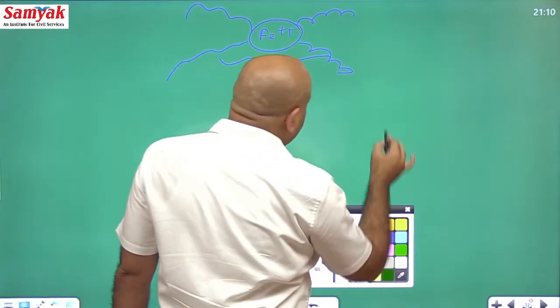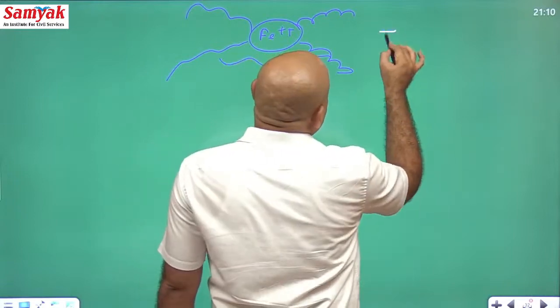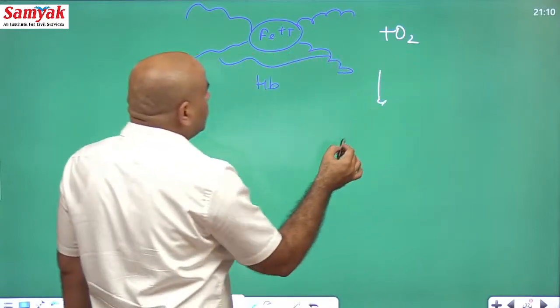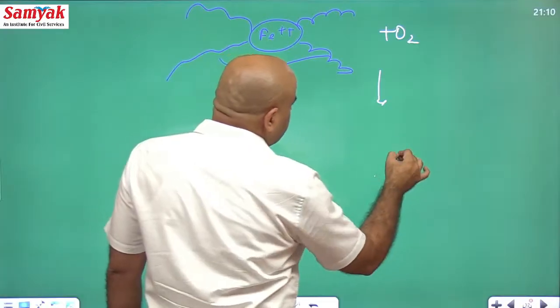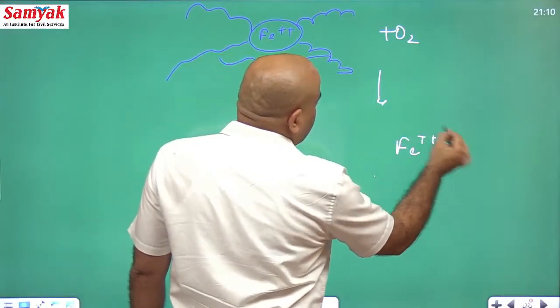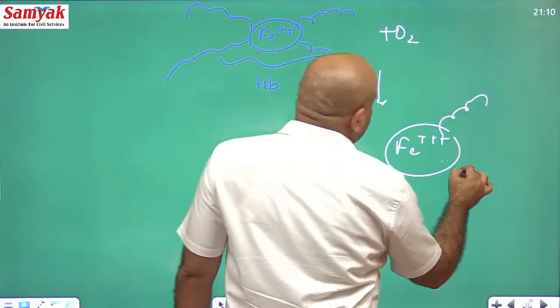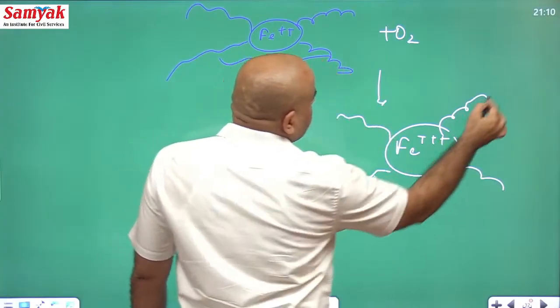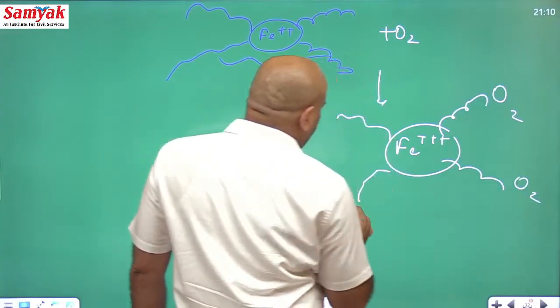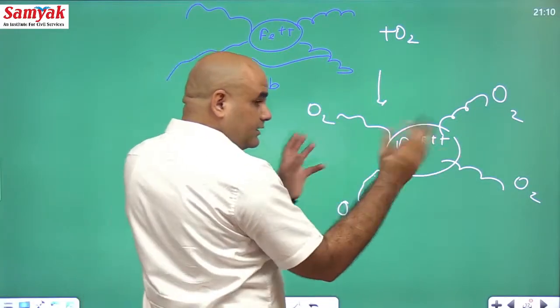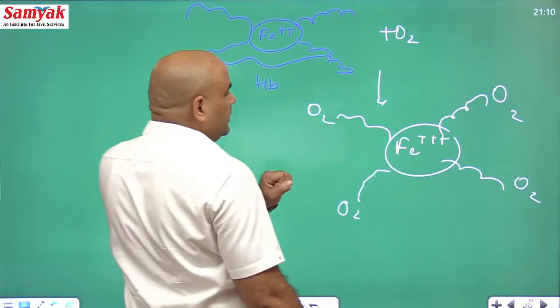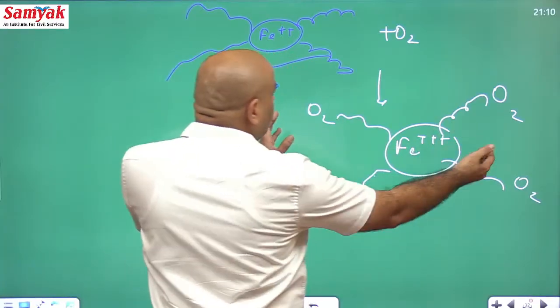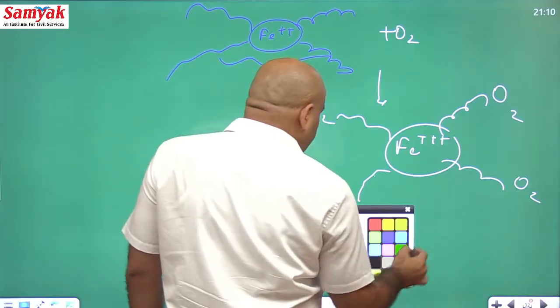Now, whenever the hemoglobin is going to attach with oxygen, how many molecules can it attach with itself? It will convert into ferric state, and when oxygen is attached, there are 4 molecules of oxygen it can attach to 1 molecule of hemoglobin. When it converts into ferric state, its color will become red.